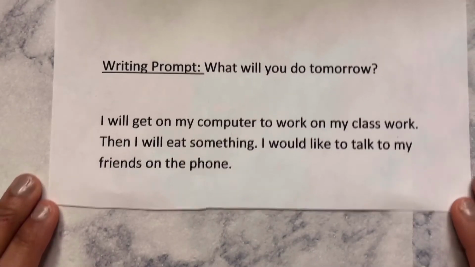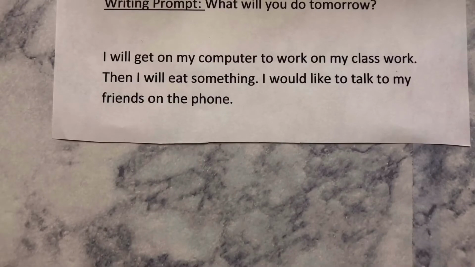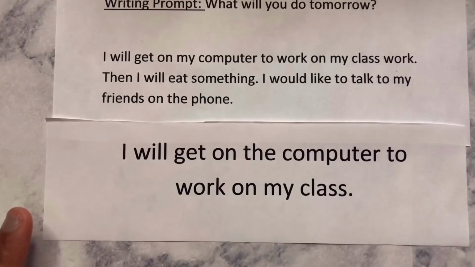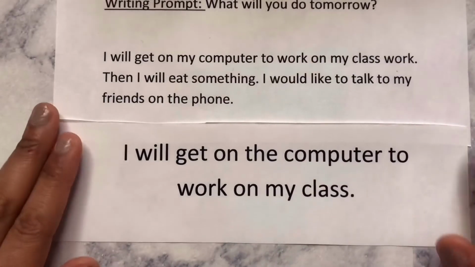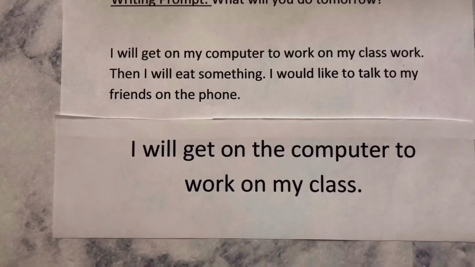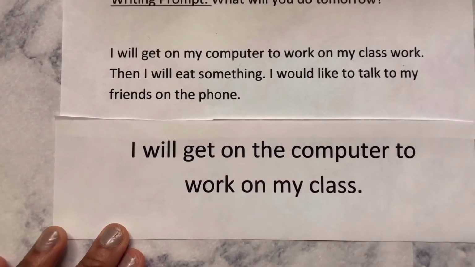Now let's take a look at each line separately. What I would like us to do is identify the word that we might want to change into a more specific word or a tier 2 word. I will get on the computer to work on my class.